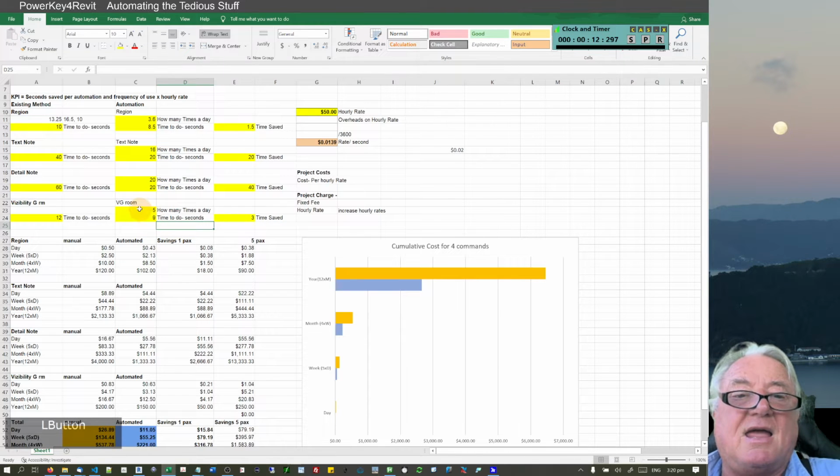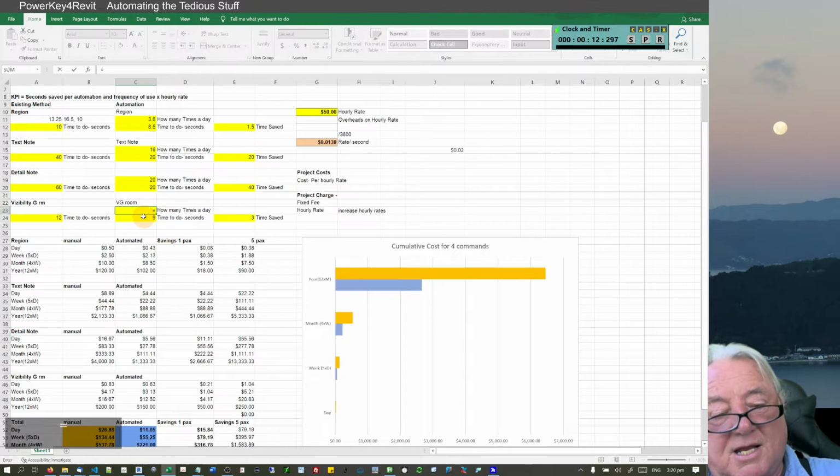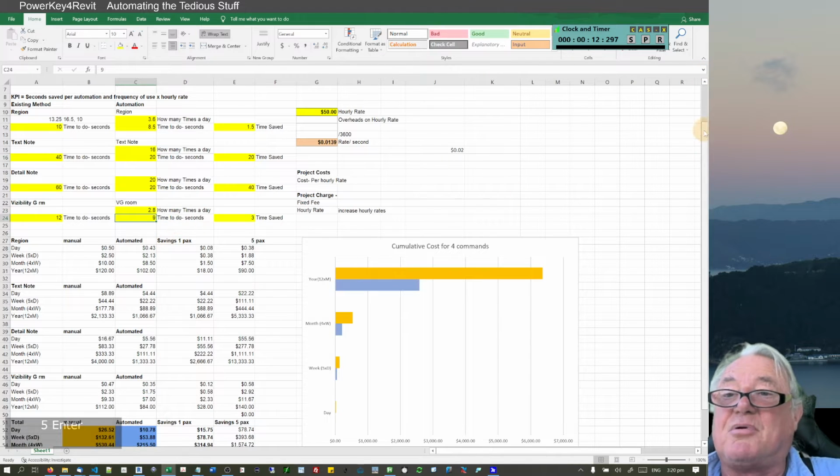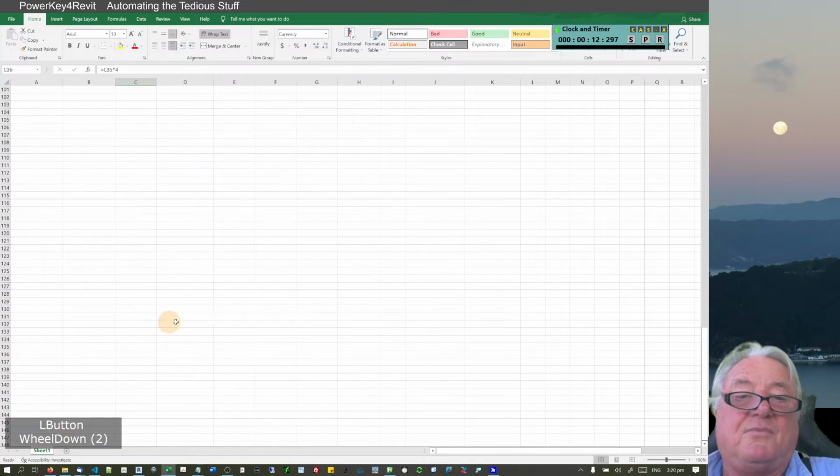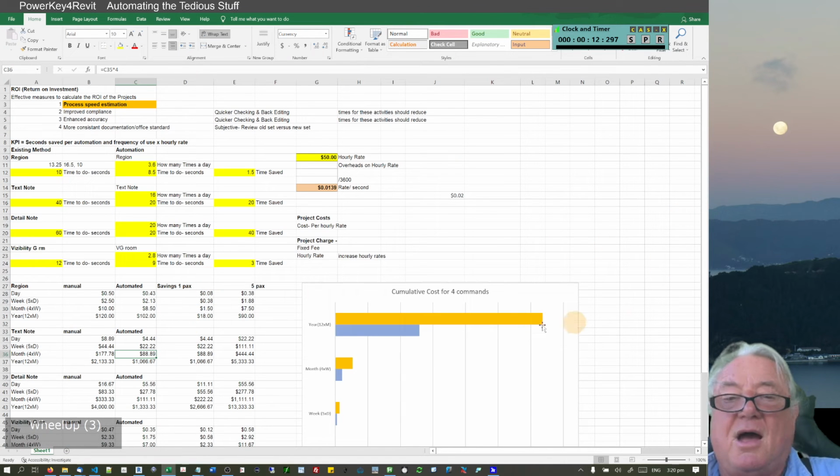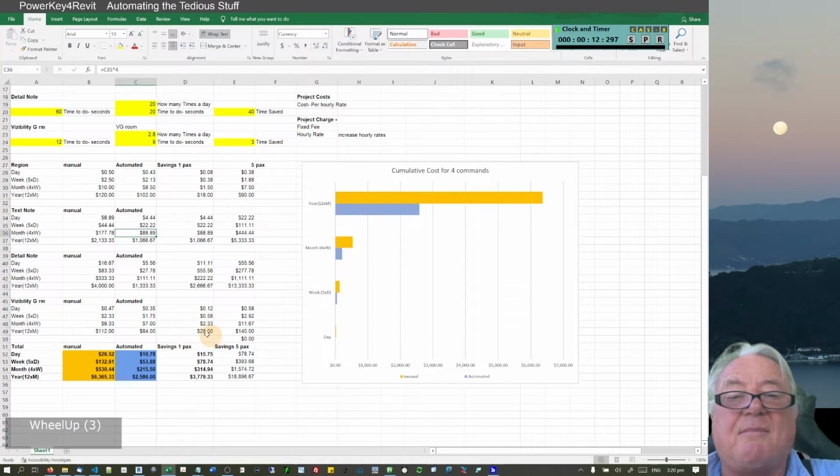So let's just say equals 14 divided by 5. So I use it approximately 3 times a day. It seems a bit suspicious for that one. It's most probably for the demos and things like that. You can see that suddenly I'm making about $28 saving over the course of a year.